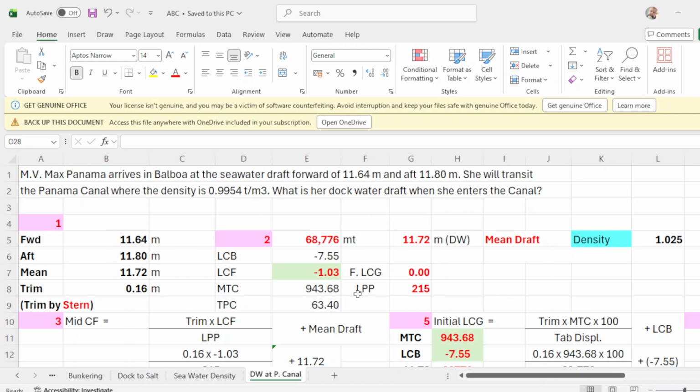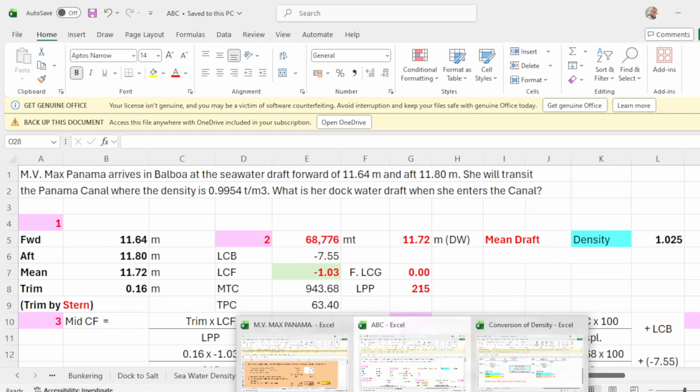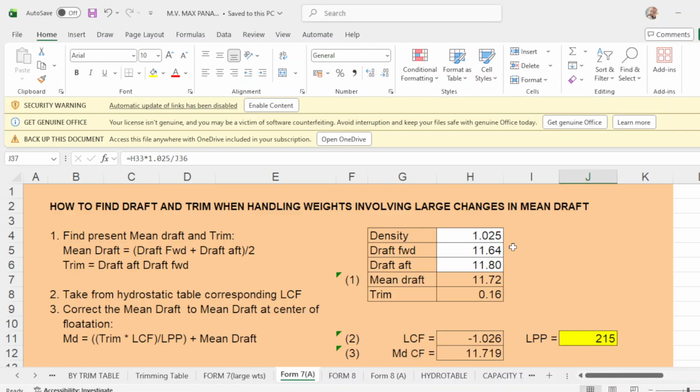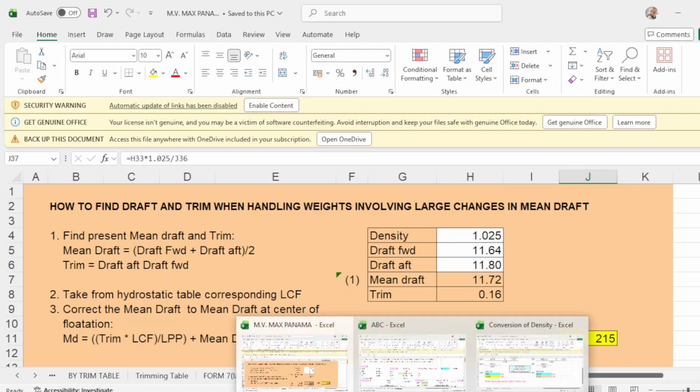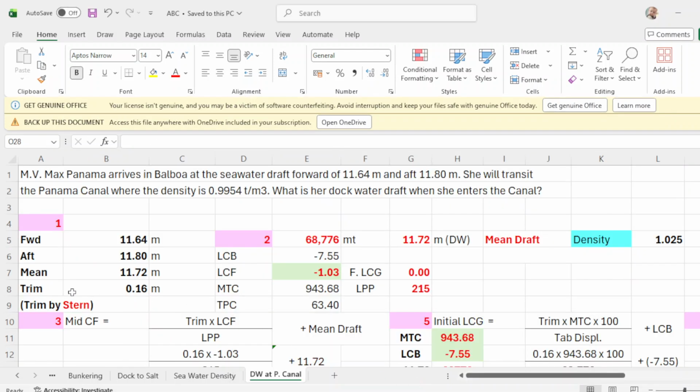So you input this one in the program. Forward is 11.64, and aft draft is 11.80. Okay, that will be number one. And your mean draft is 11.72, trim is 0.16, which is this one, guys.